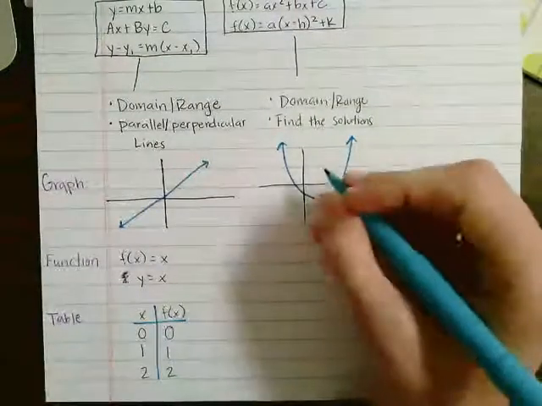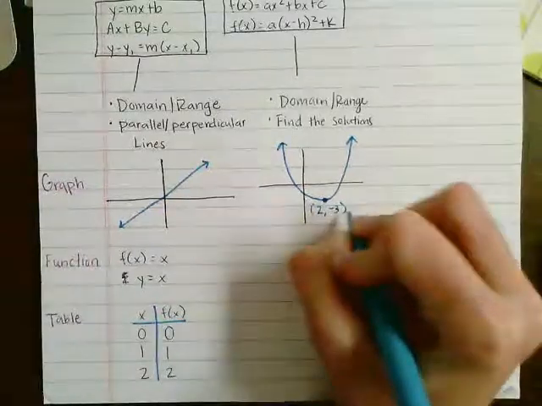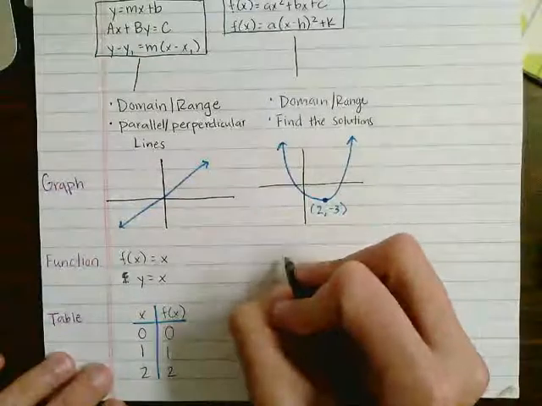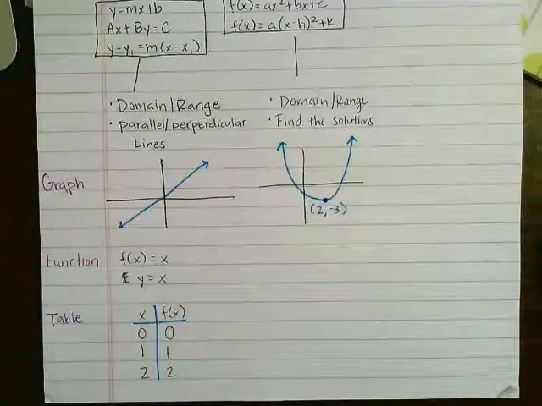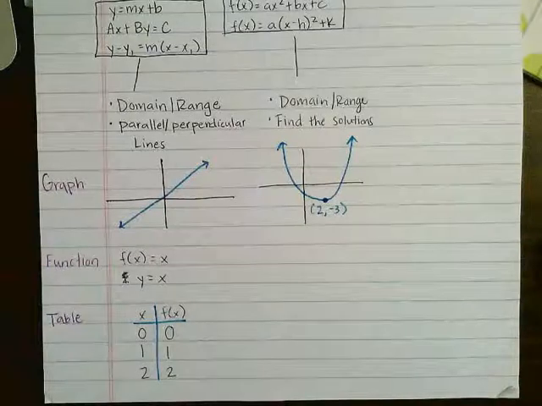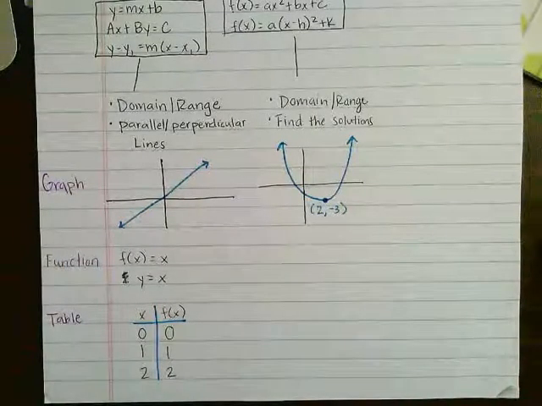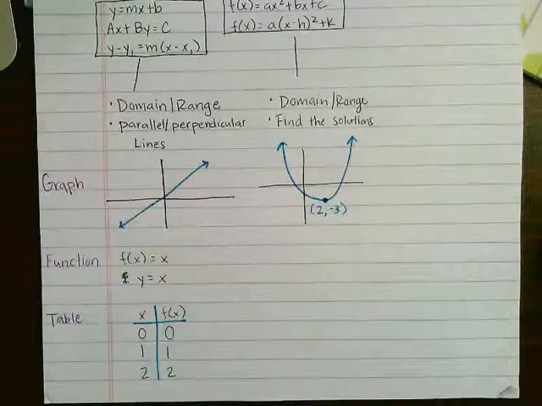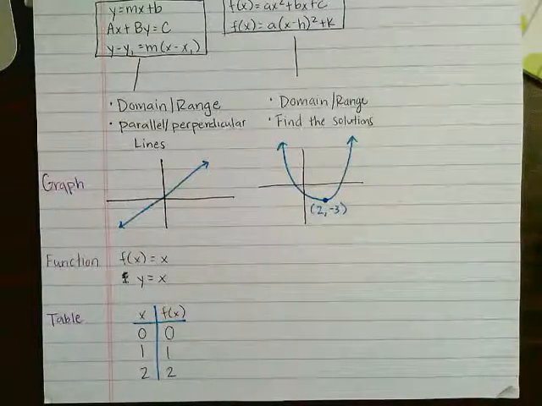And in this, you've got the point 2, -3. And then that function, what is that function? Well, whenever it is in vertex form, it's pretty simple. You might not know what the a value is, but you can always solve for that. Pick another point and then solve for a. Or you can always graph it on your calculator and see.